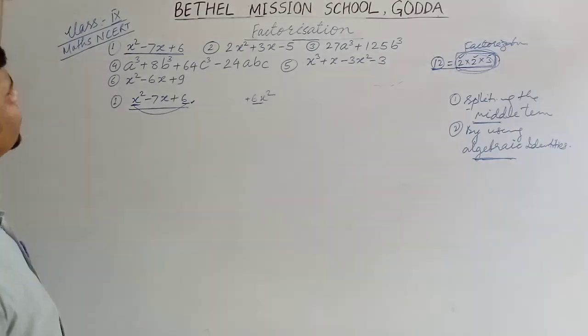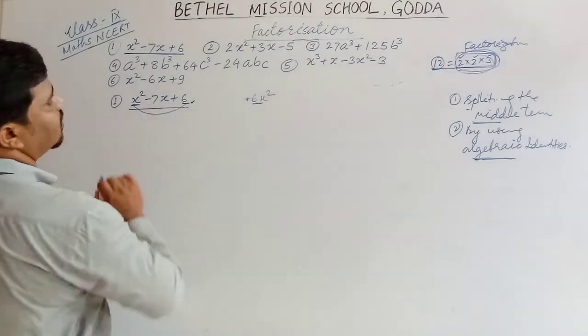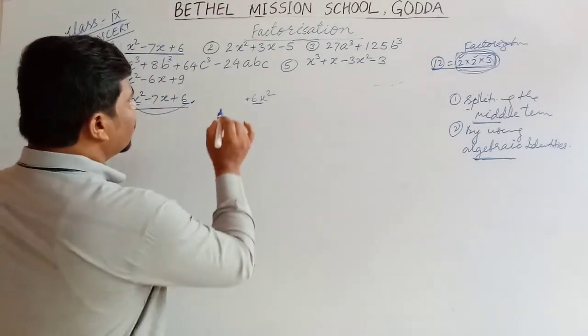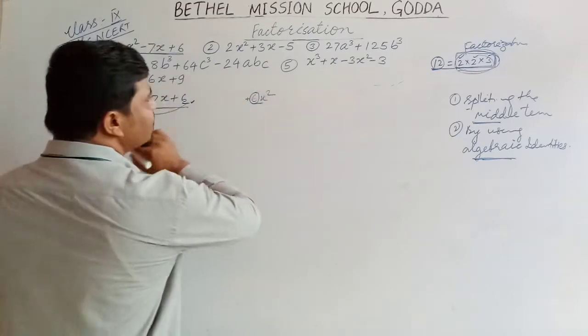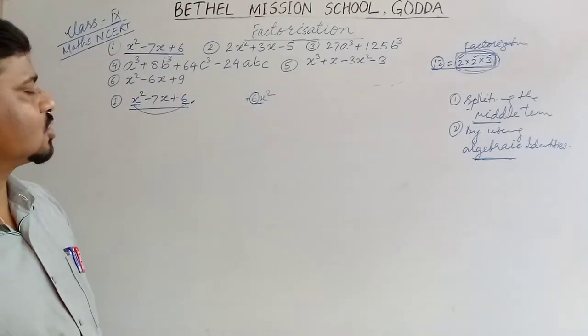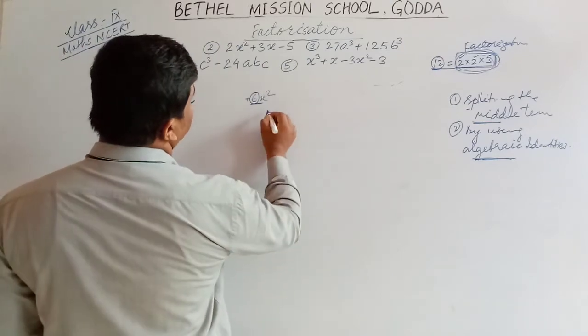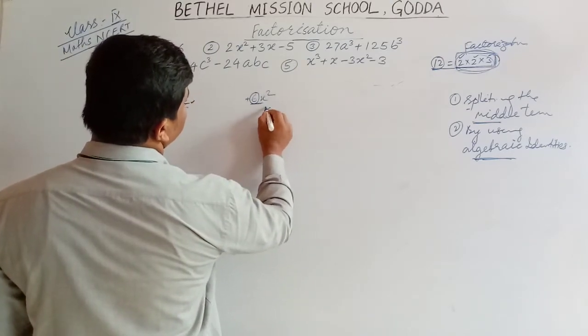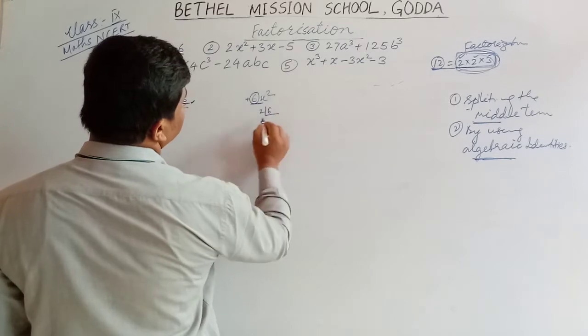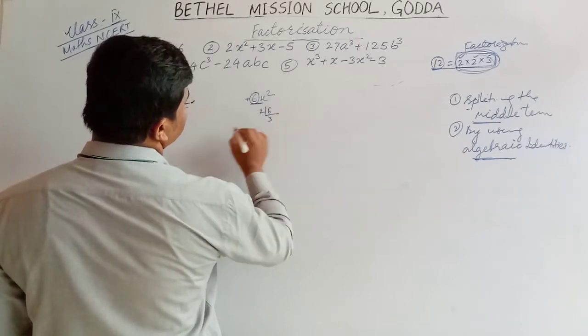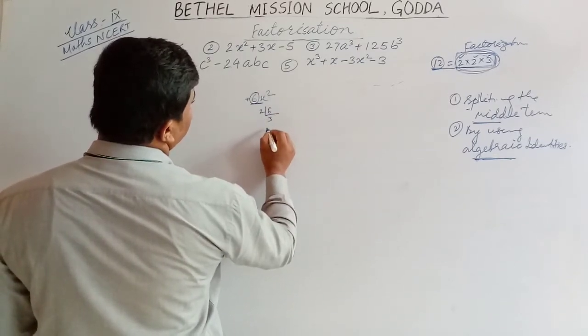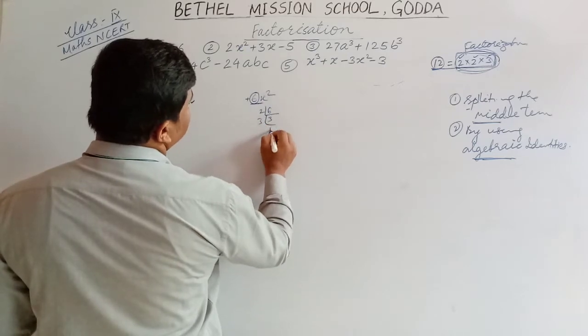After getting the product of the beginning and last term, we will factorize the coefficient of x square, meaning the constant part. The constant part is 6. When you factorize, it will be 2 threes are 6, and 3 ones are 3.